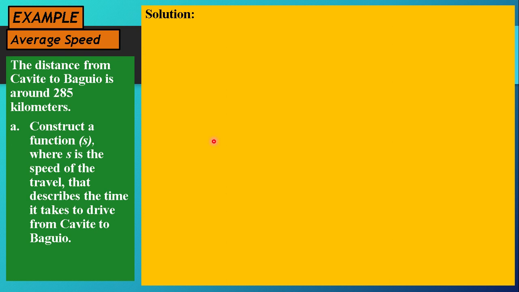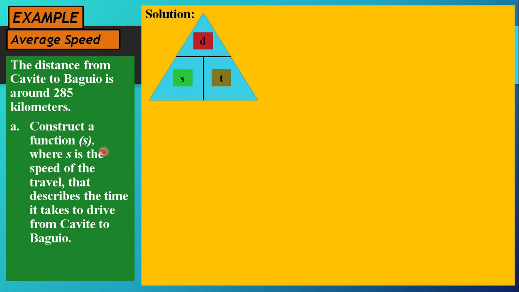Gamitin natin tong DST triangle para mas madali nating maalala yung formula in finding D, which is the distance, S stands for the speed, and T, which stands for time.